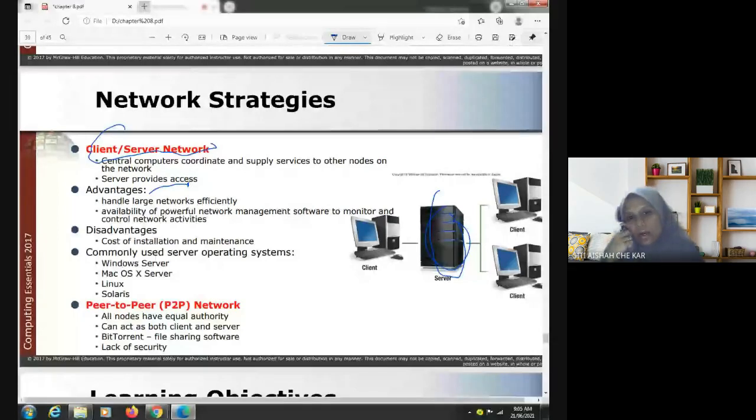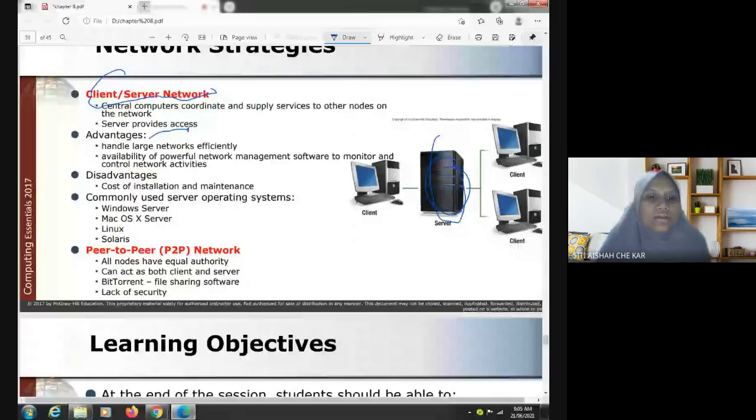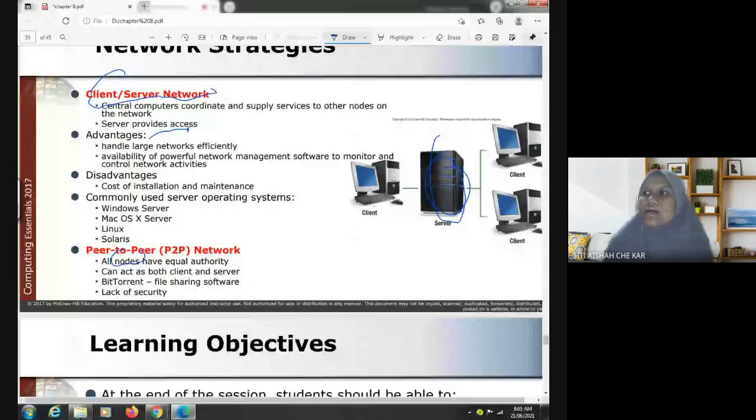Okay, but we have another strategy which is the peer-to-peer network. This one does not have a server, because all nodes have equal authority. So this client can connect directly with the network. It can communicate with the other network without having to pass through a certain server, and without needing to request permission from a certain server.